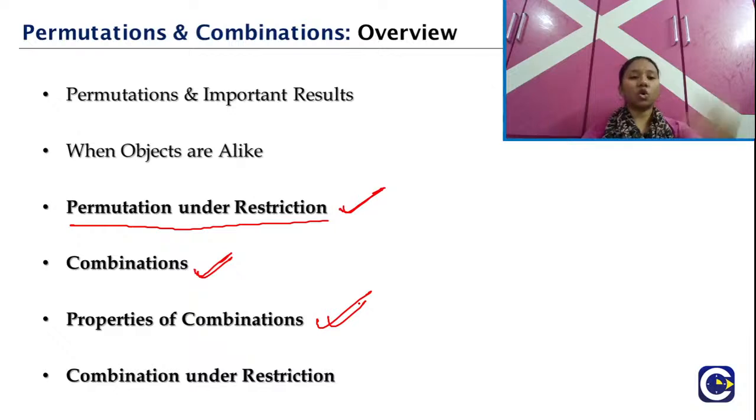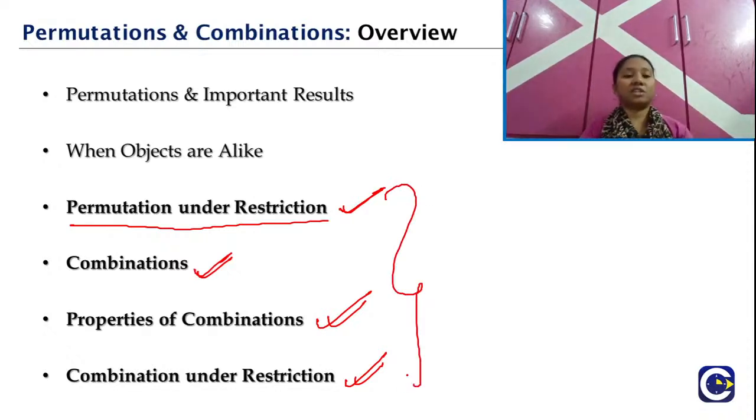So the flow is the same as for permutation: important results, properties, and then permutation under restriction, and the same will be followed for combination. In today's session, we'll continue with the next concept of permutation, which is permutation under restriction. So let's start today's session with this concept.